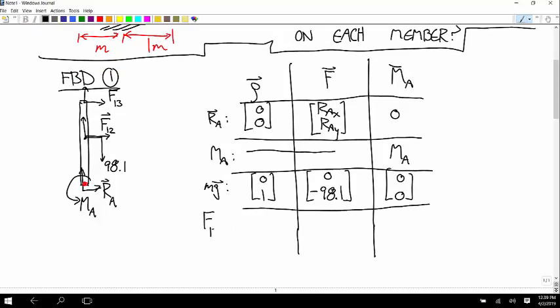And then the force F12 has the same row vector as the weight because it's at the same point. And the force is F12X, F12Y. And the cross product is negative F12X.